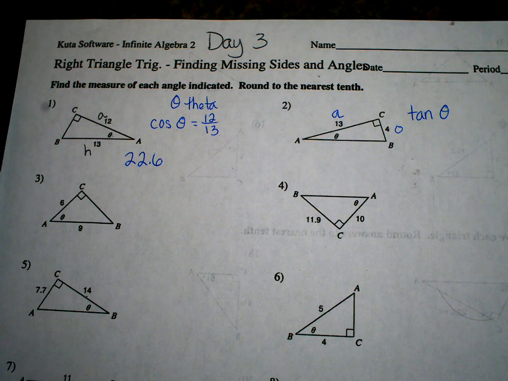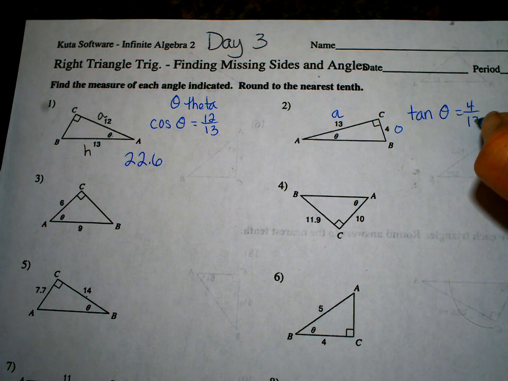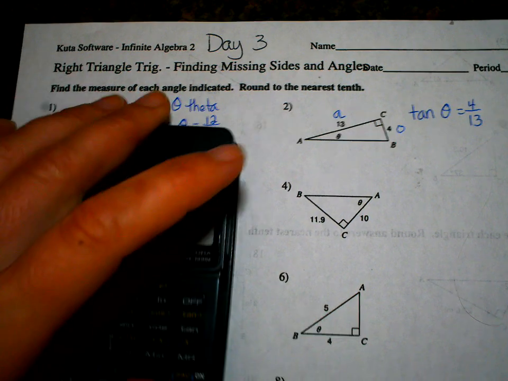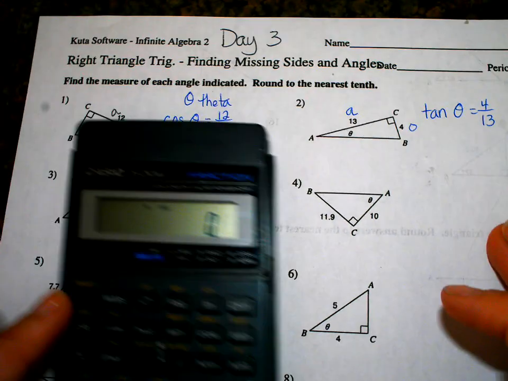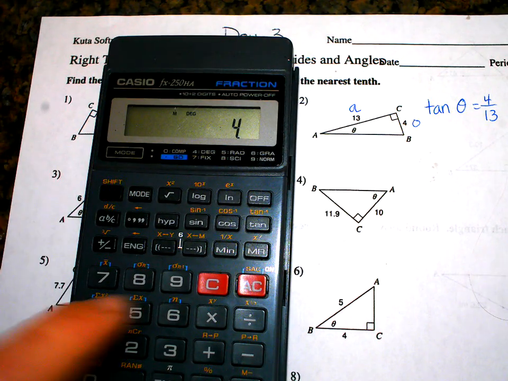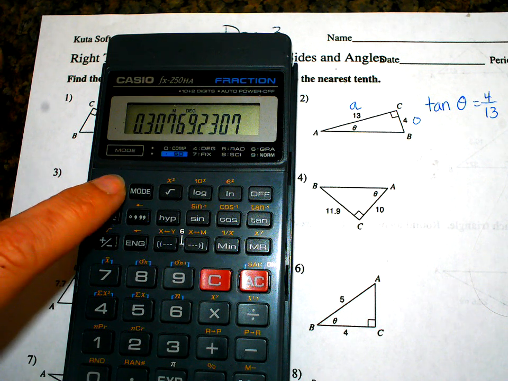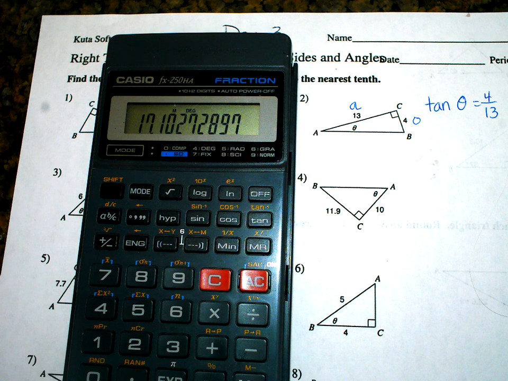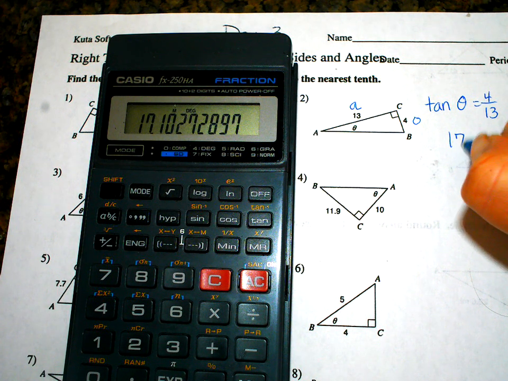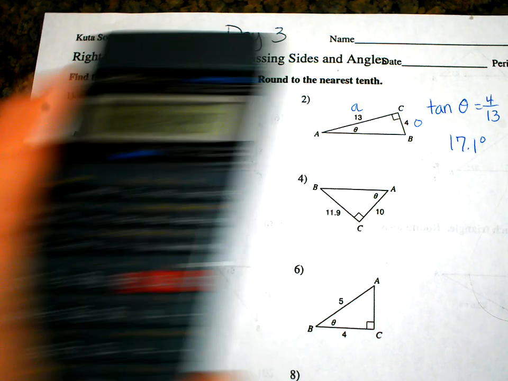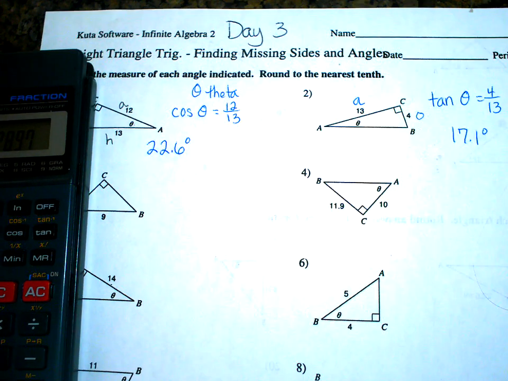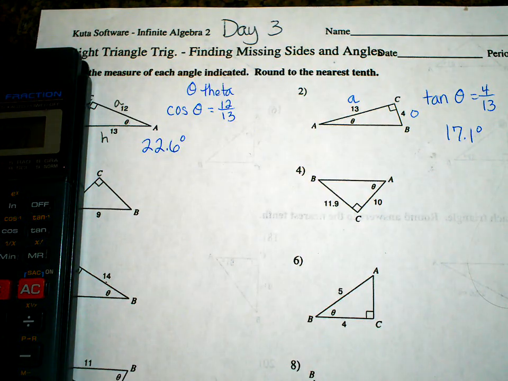Tangent is opposite over adjacent, 4 over 13. So in my calculator, 4 divided by 13 is that. Shift tangent. And this is the degrees. I forgot to put degrees in the other one. That means how big my angle is. Okay?